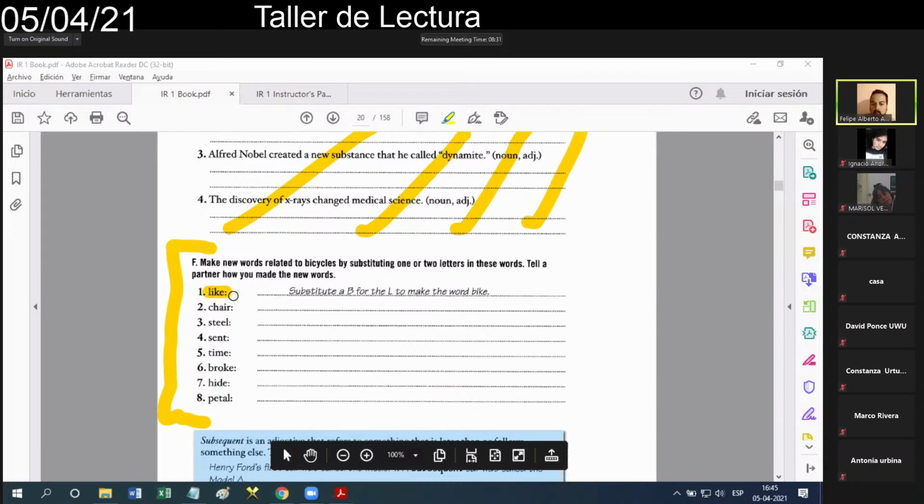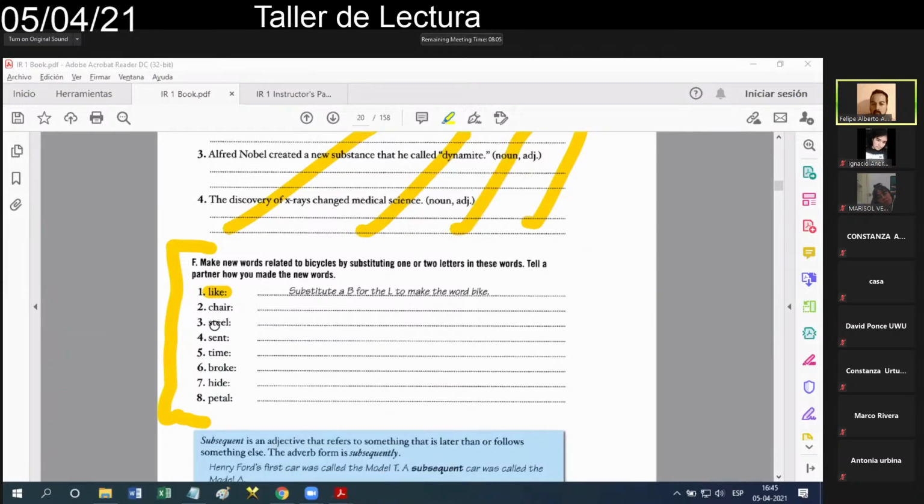For number 1, like becomes bike. Number 2, chair becomes what? Yeah, great.